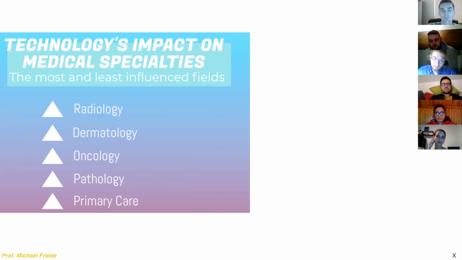So maybe surgery. Let's put down surgery. Okay. What else? I mean, neurology is also doing a lot with images, but these are the ones that will benefit from AI. So where is AI not so important?